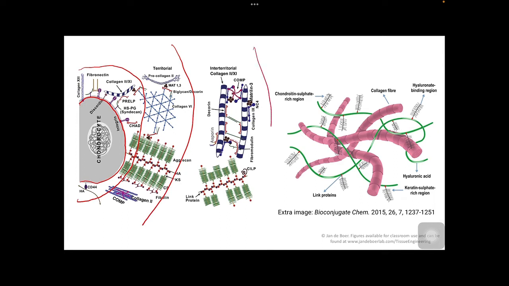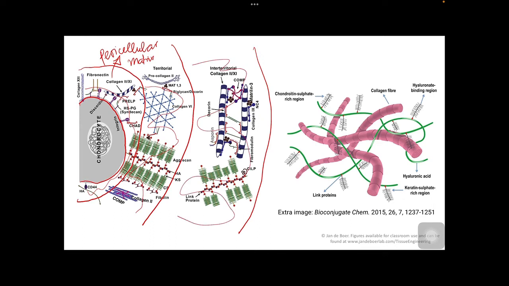And in the book, we discuss different regions of the extracellular matrix. The closest location of matrix is called the pericellular matrix, right? All this location here. The territorial matrix is a location here, and the interterritorial matrix here.